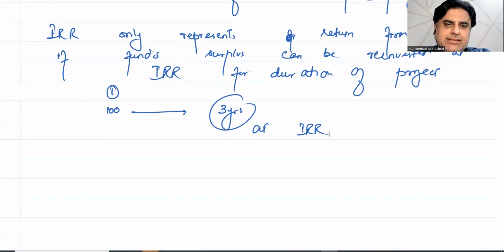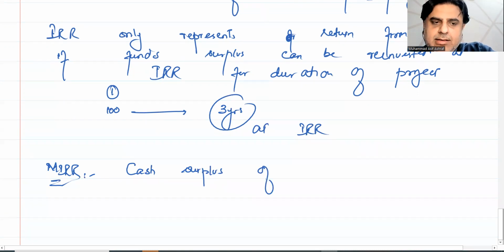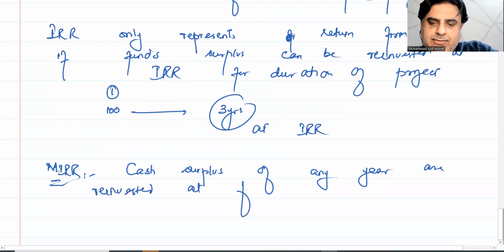For that purpose, we have to see what the MIRR assumptions are. The MIRR assumption is that the cash surplus of any year is reinvested at the firm's cost of capital.